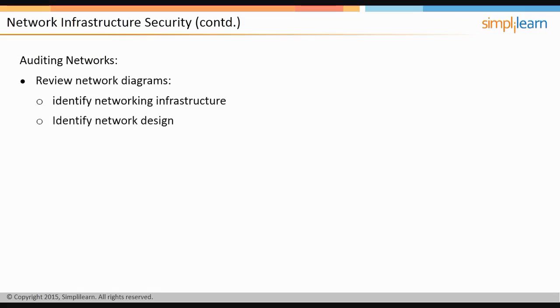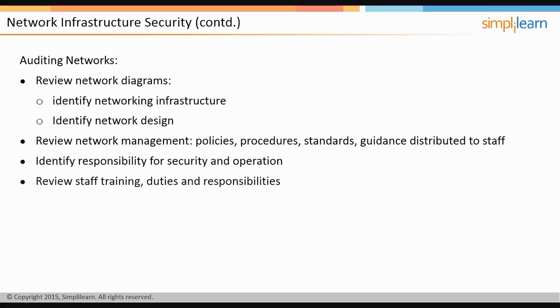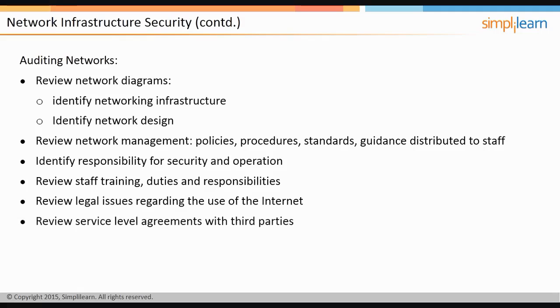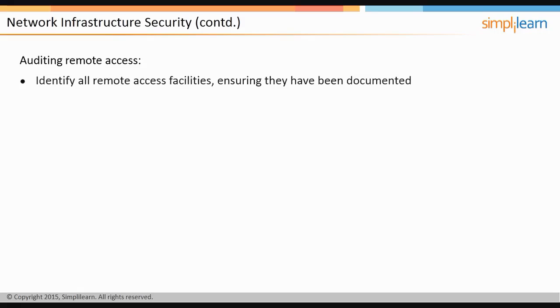Also review network management, policies, procedures, standards, and guidance distributed to staff. Besides, identify responsibility for security and operation and review staff training, duties, and responsibilities. You will further review legal issues regarding the use of the Internet, service level agreements with third parties, and network administrator procedures.